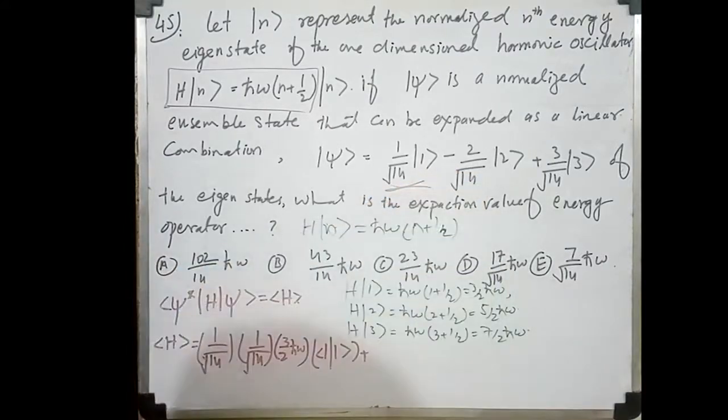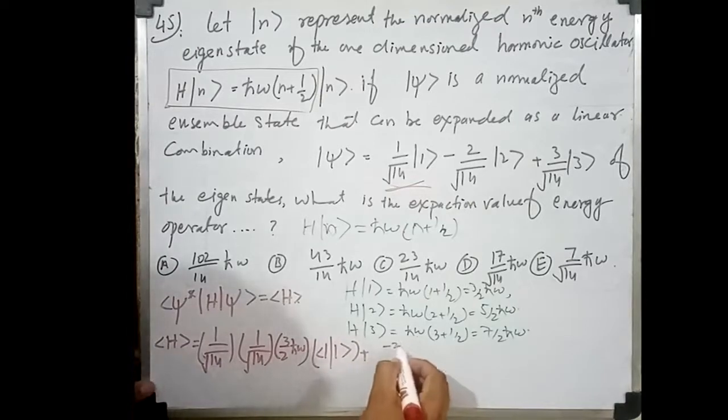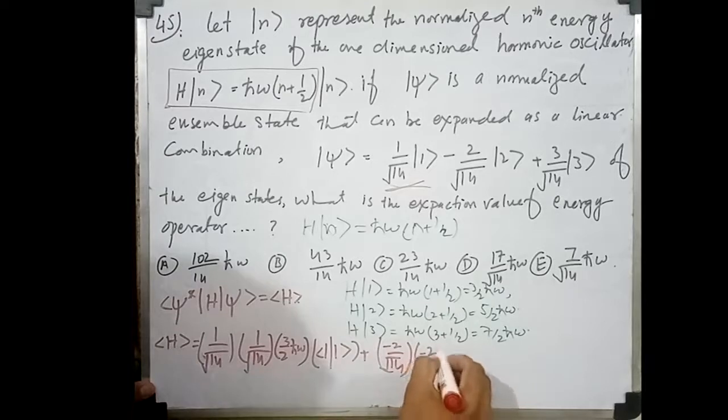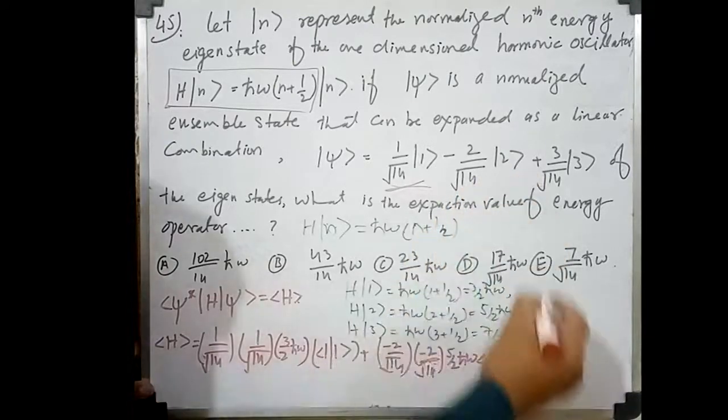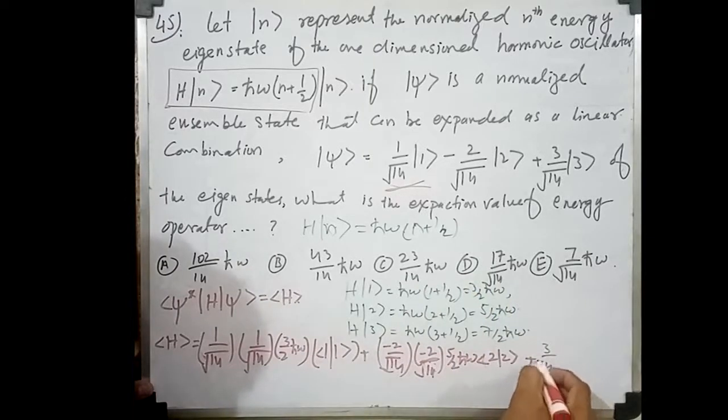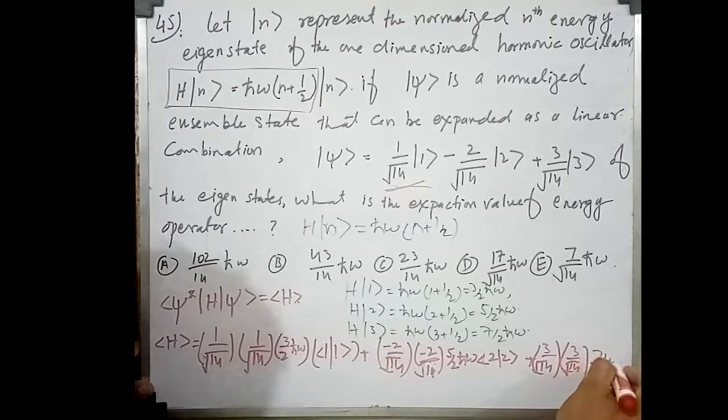Similarly for the second state we take minus 2 over square root of 14 and minus 2 over square root of 14, with 5/2 ħω, and the inner product of 2 with 2, plus. For the third state, it is 3 over square root of 14 and 3 over square root of 14, with 7/2 ħω, and the inner product of 3 with 3.